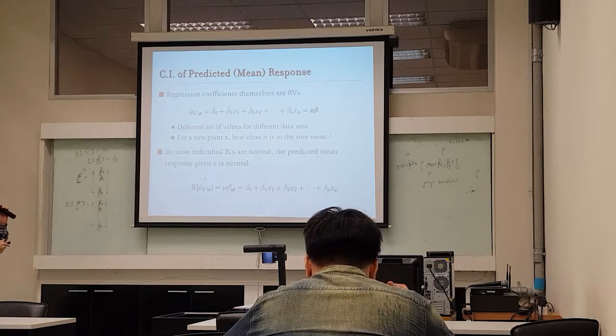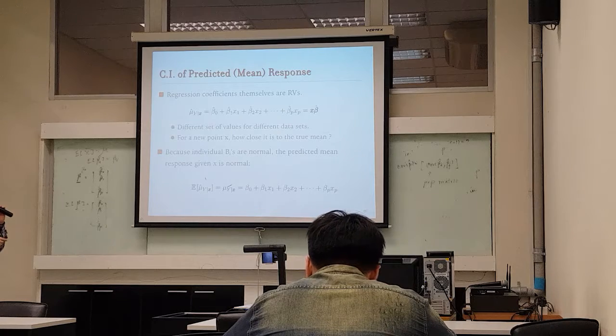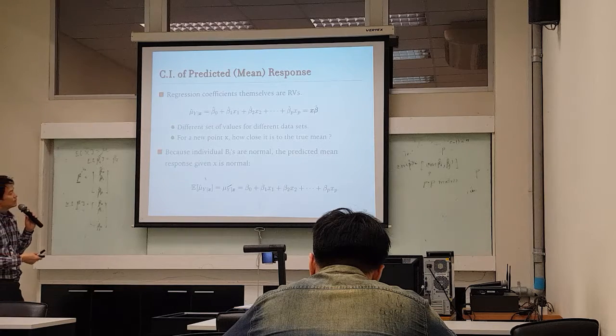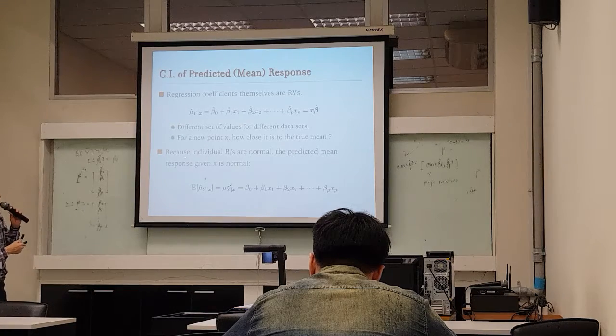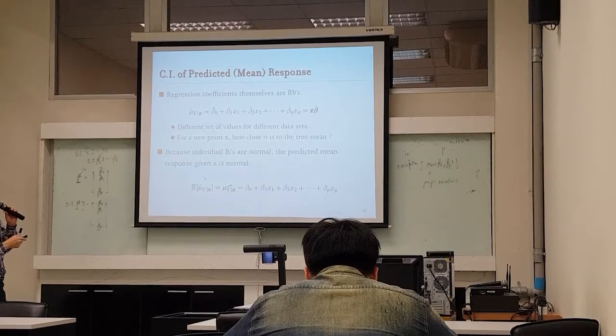We use the knowledge that the individual beta 0, beta 1, beta 2 estimators each have a normal distribution. If you sum p plus 1 normal random variables, you still get a normal random variable.